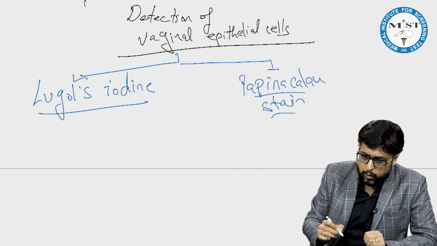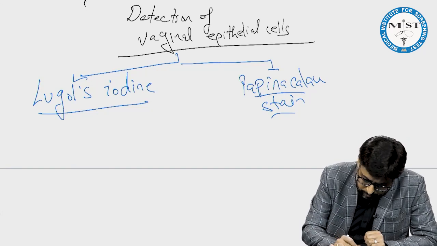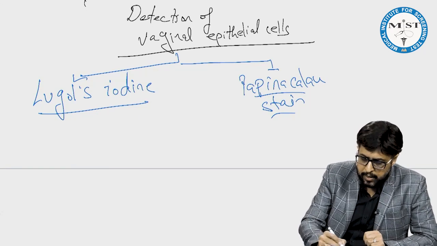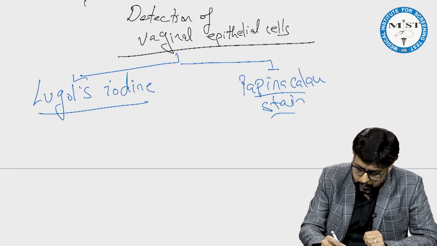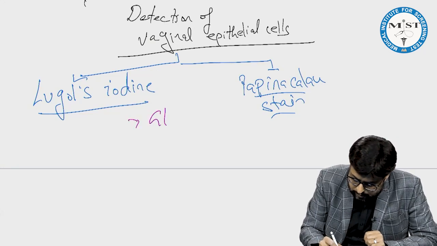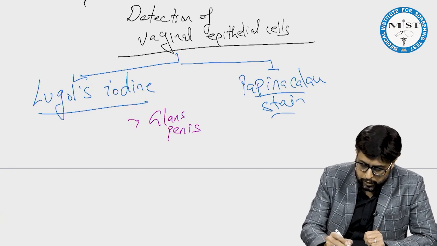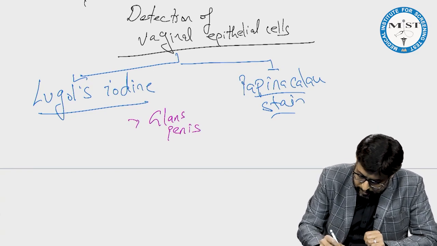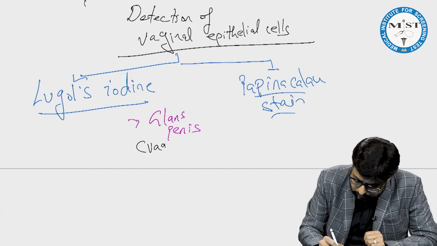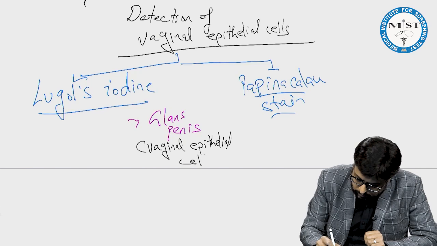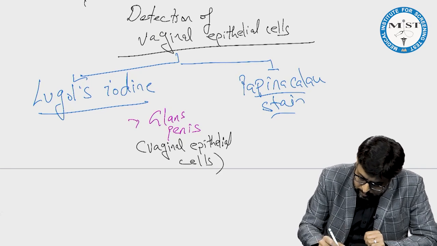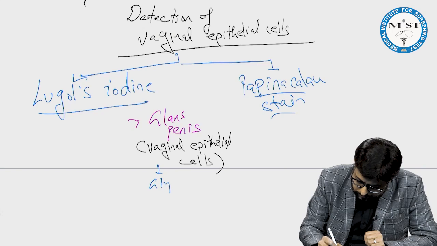What do we do in the Lugol's iodine test? If a person has committed sexual intercourse, then the glans penis of the accused will have vaginal epithelial cells, and the vaginal epithelial cells contain glycogen.